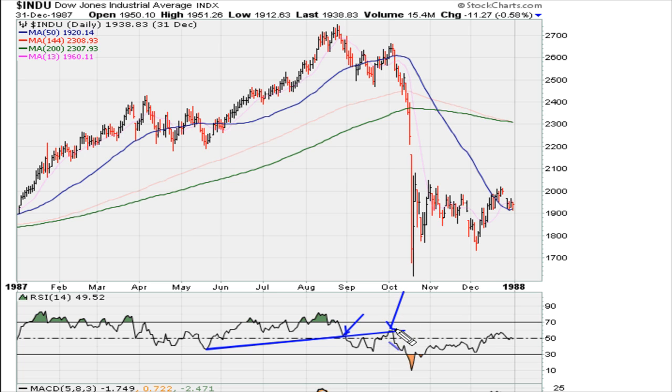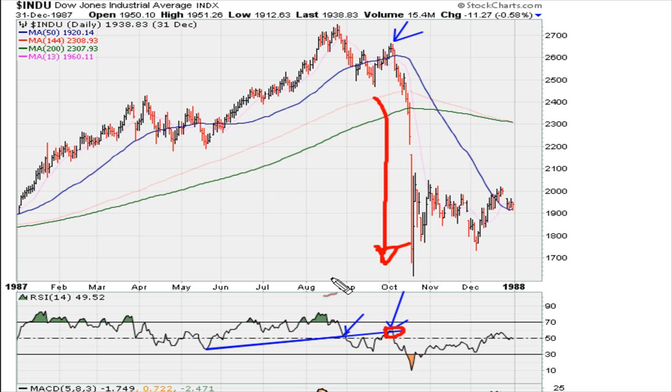And anybody who sold here was able to get out of the market before the massive plunge of 1987. I mean, you had a chance of getting out of this market before this crash, because the market showed backtest failure. So the things that we're talking about here are so powerful.